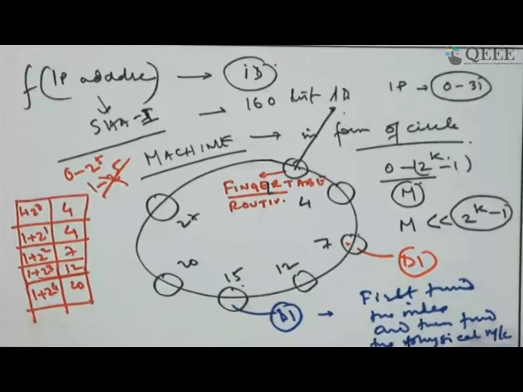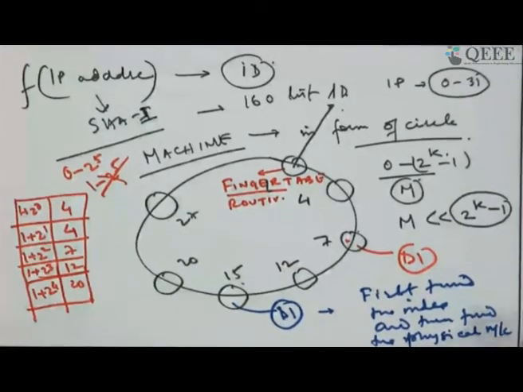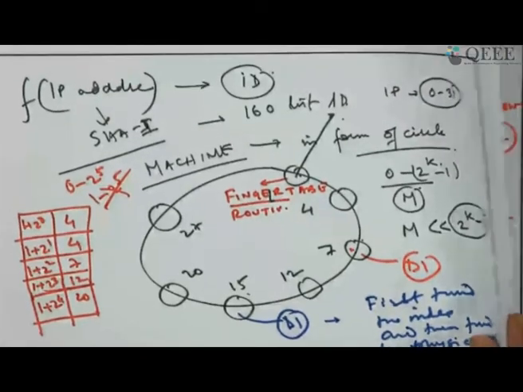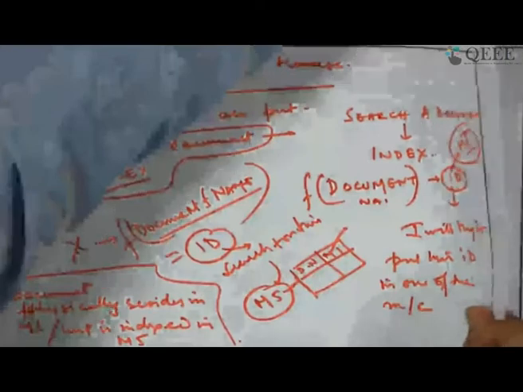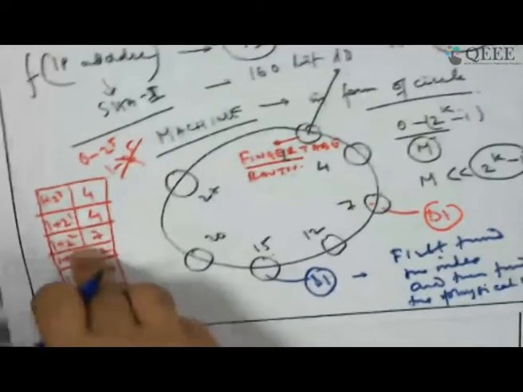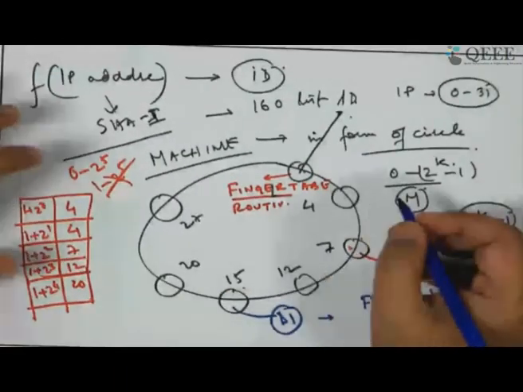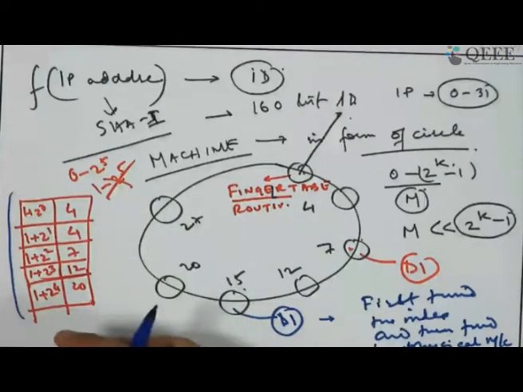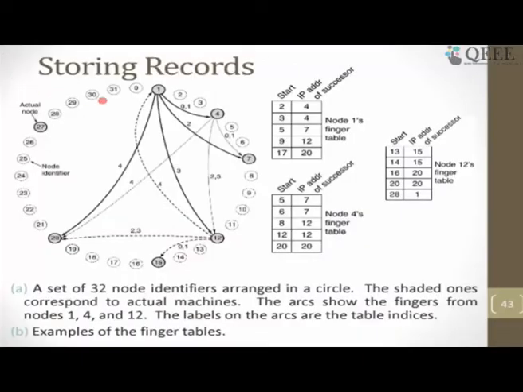Okay. So now how do I find? First of all, how do I index? If you understand how we index, then immediately you will understand how we find. So let us see how we index. So what happens? Say I have done this. So now this is the finger table, or let us go back a bit and see, this is the finger table.